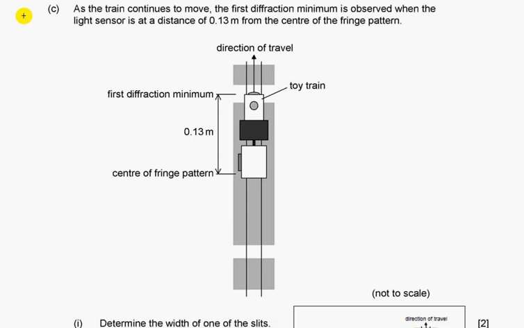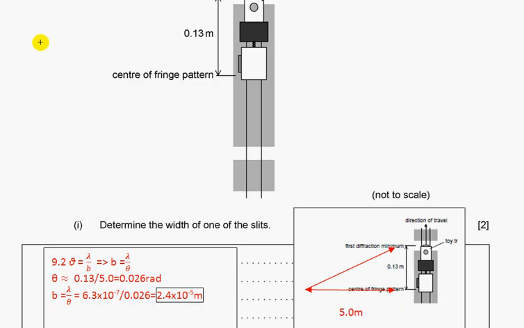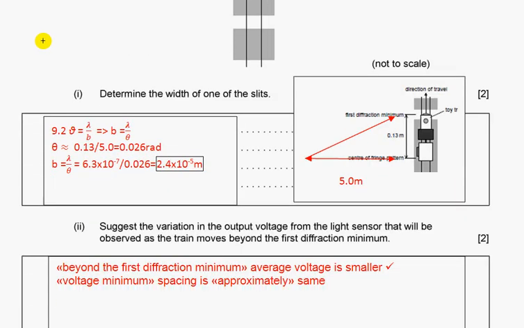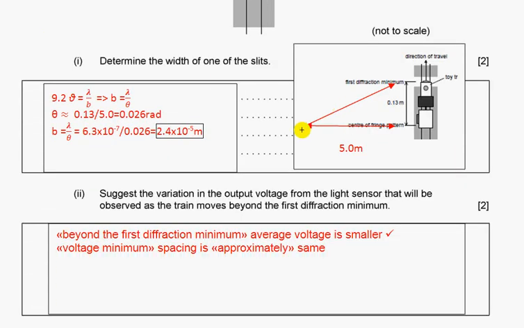As the train continues to move, the first diffraction minimum is observed when the light sensor is at a distance 0.13 meter from the center of the fringe. Determine the width of one of the slits. As we observe a minimum, we have a triangle: distance to the screen, distance to the minimum, and here an angle.